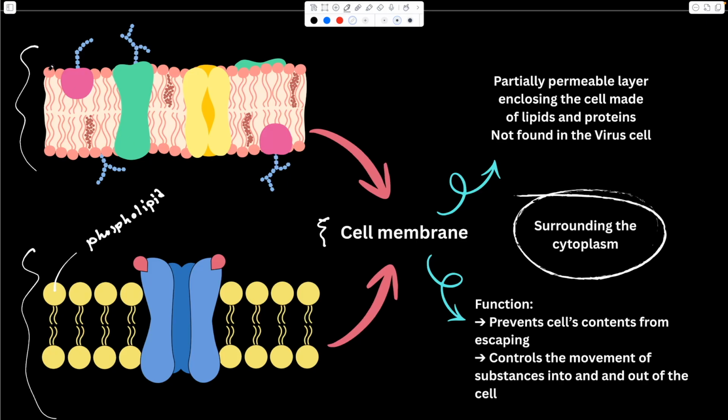Look at this structure. This portion is water loving, so it faces the water. But these fatty acid tails are water repellent. They don't like water, so they fold in that pattern.